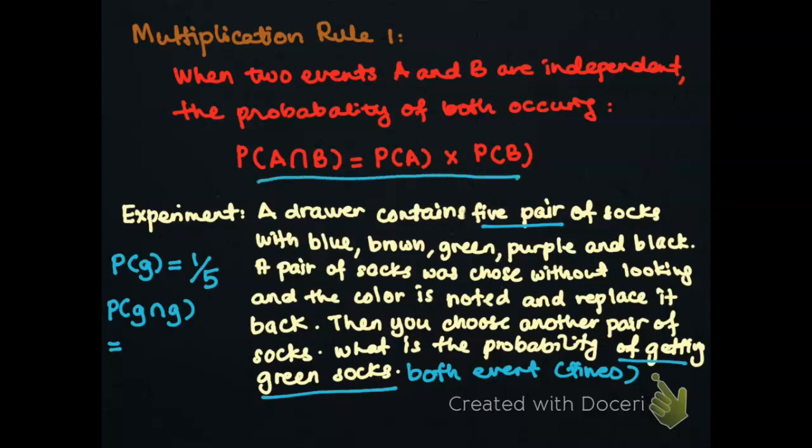Now here A is your green for the first time, B will be your green sock chosen at the second time. The probability of getting both socks green will be 1/5 times 1/5. So the probability of getting green in both times will be 1 over 25. So this is an example of multiplication rule 1.